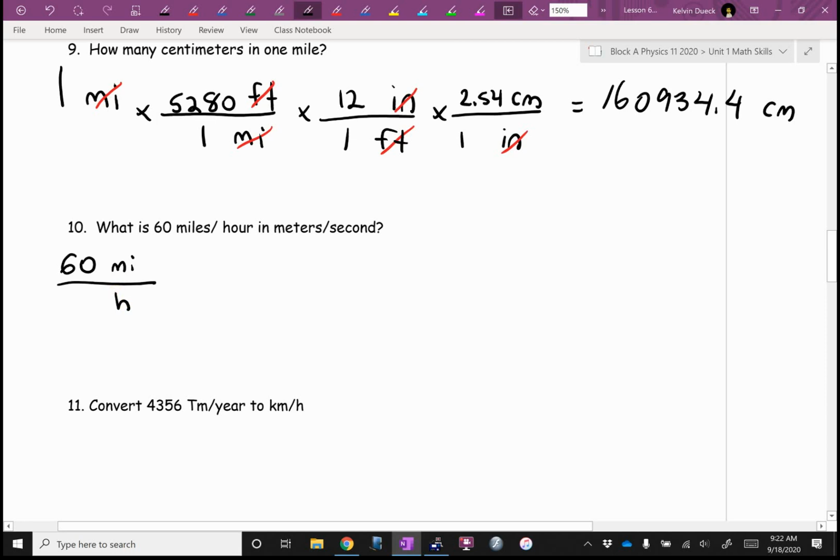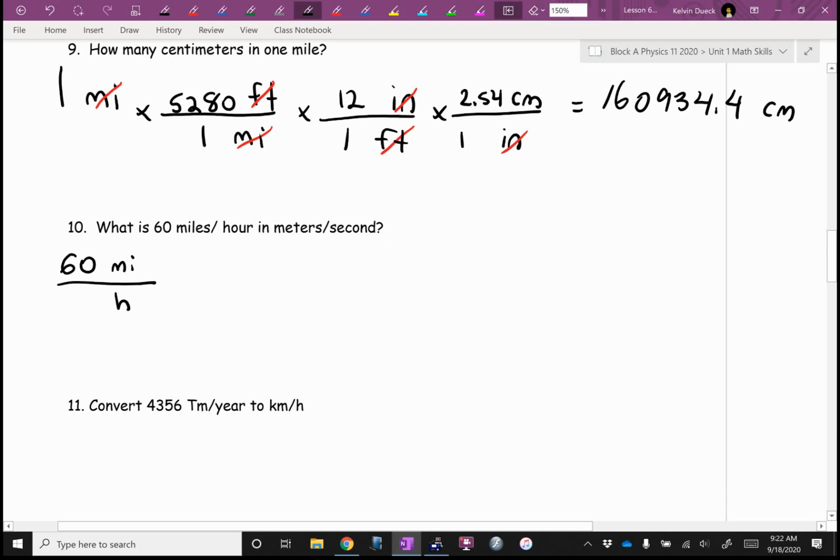Never write slanty fractions, always write a top and a bottom. That way you can clearly see what's on the top and what's on the bottom. This is going to be multi-step. It seems to me that I'm going to have to convert miles into meters, and I'm going to have to convert hours into seconds. We'll do them one at a time.